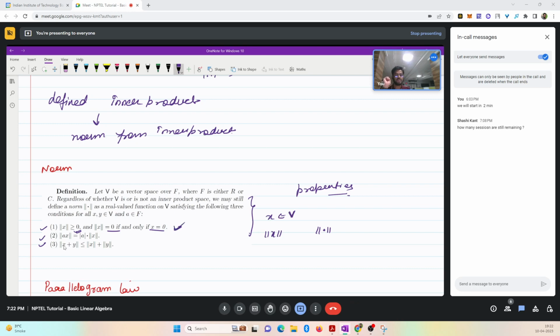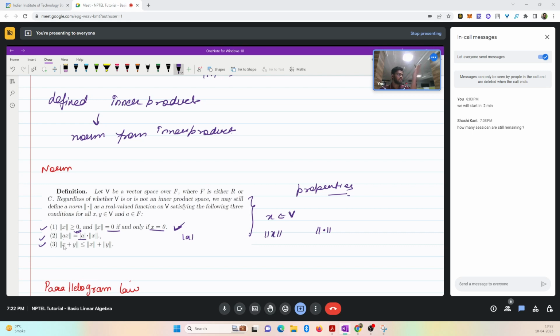Okay. Second property is, if you scale this vector by some factor a, let's say you had a line, you doubled the line. Okay. So its length should be mod of a times x. Now one thing is that you have mod of a, because you don't take care of the direction in which you are going when you are talking about length of a vector, right?